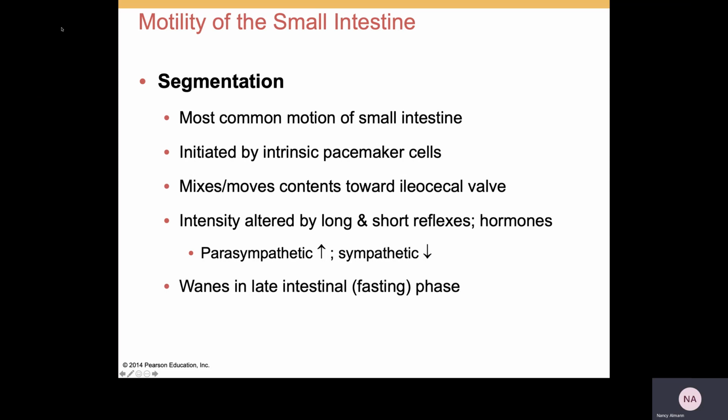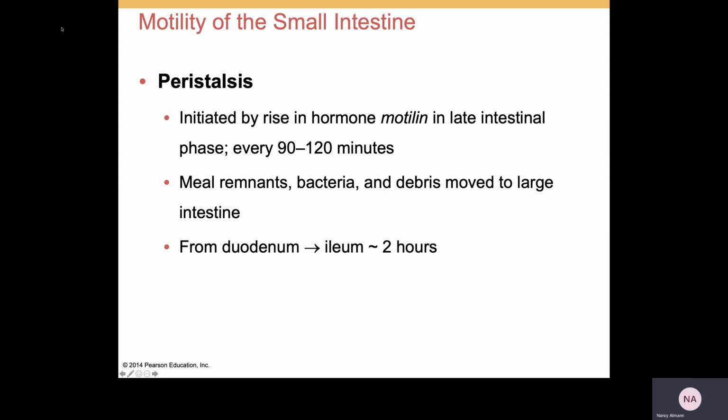As you enter what's known as the fasting phase, after the material has moved down towards the distal end of the small intestine, that segmentation will start to drop off.